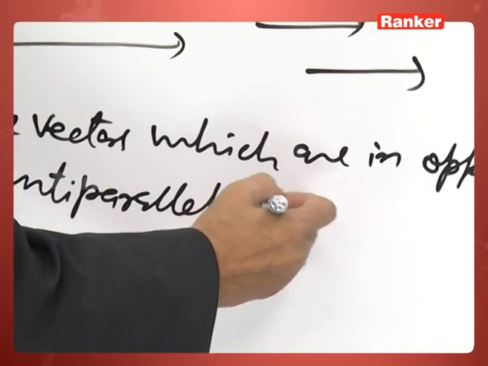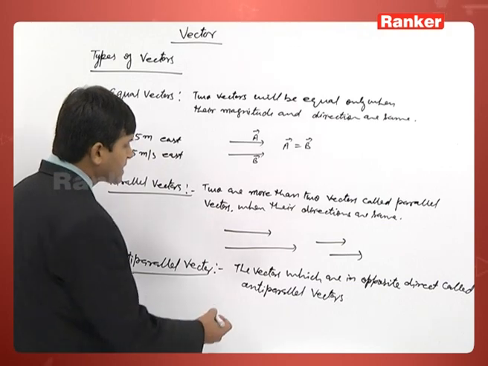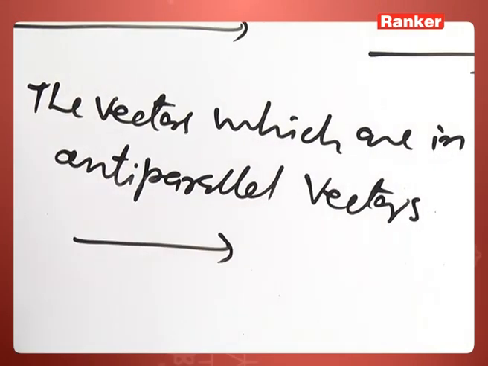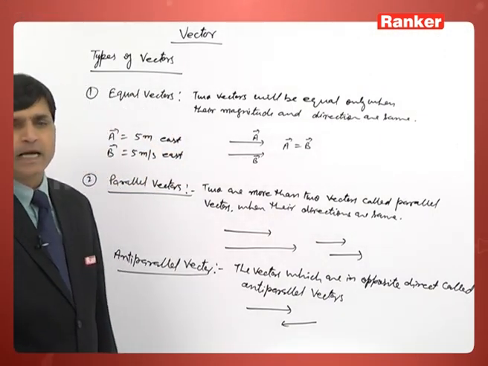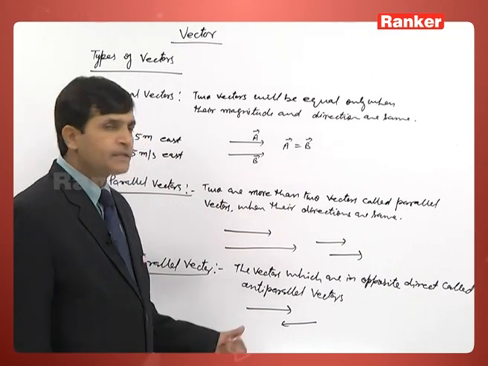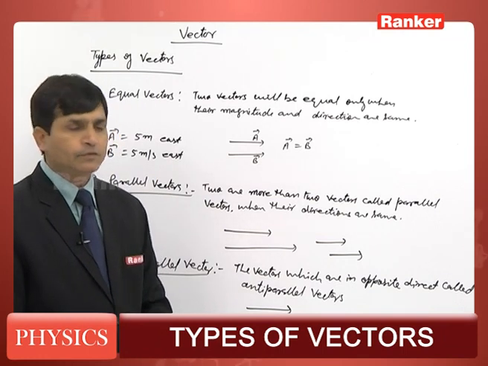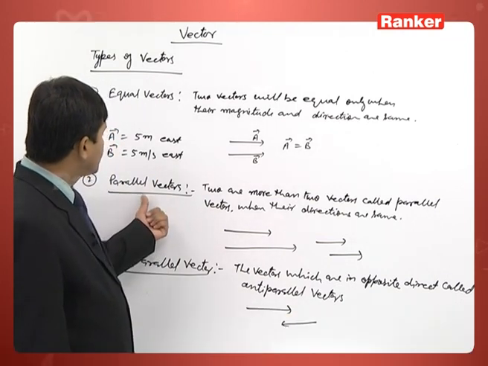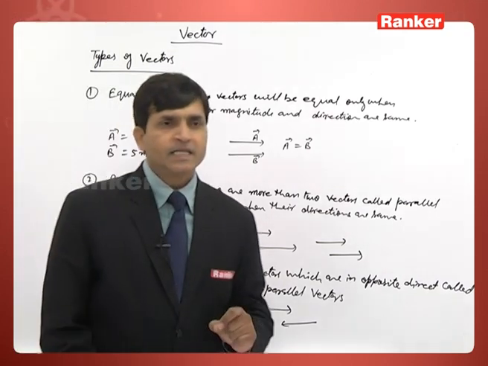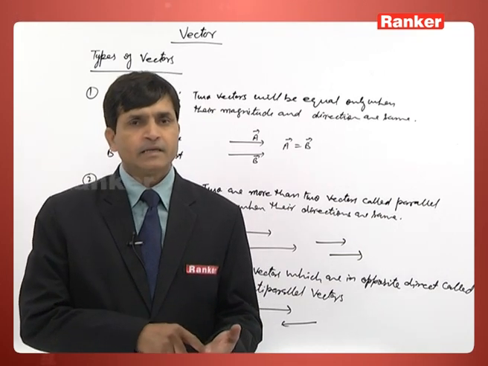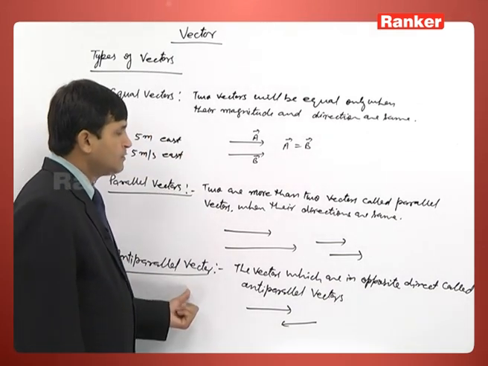Any two vectors whose directions are just reverse, meaning one vector points like this and another in this other side, are called anti-parallel vectors. Their magnitude may be different, and they can represent different physical quantities also. So, to be parallel or anti-parallel, we only have to see the directions. If directions are the same, they are parallel vectors, and if directions are opposite, they are called anti-parallel vectors.